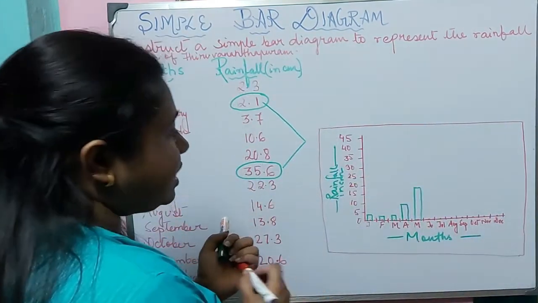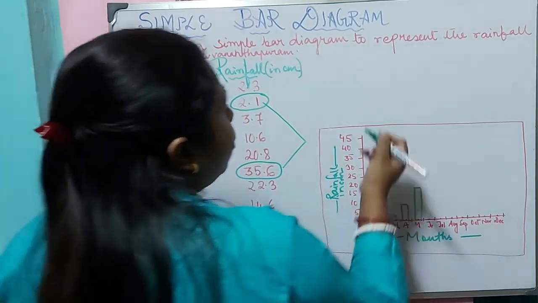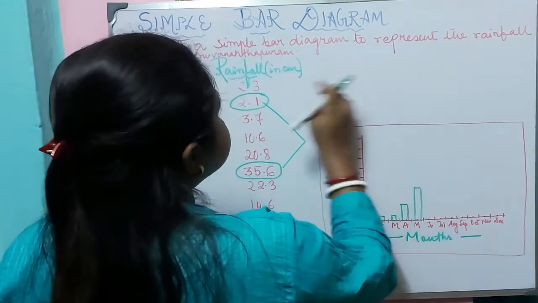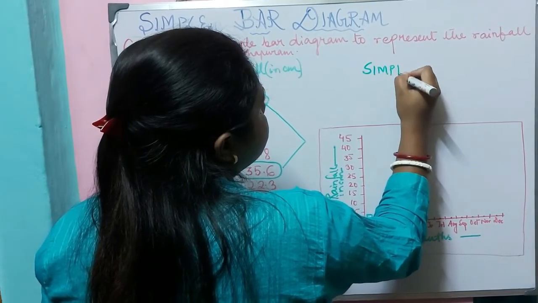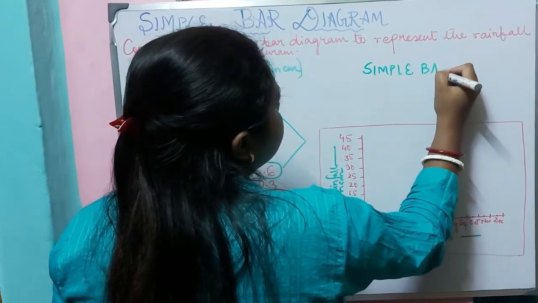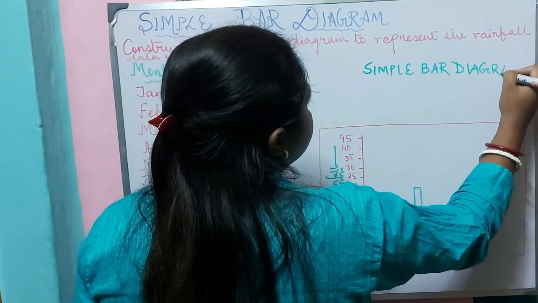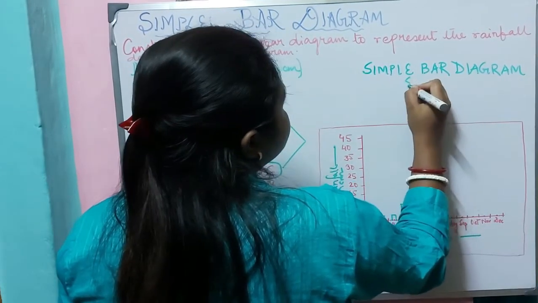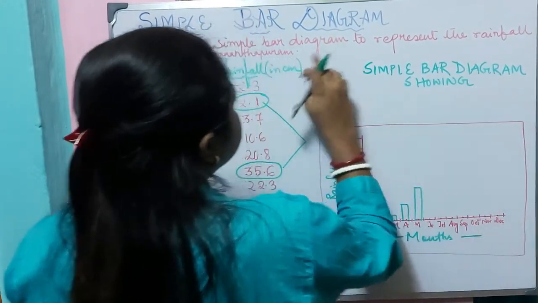Now we have to put the title, which I said is a very essential part of a graph. We have to write the title. What will be the title? Simple bar diagram showing, what it is showing?